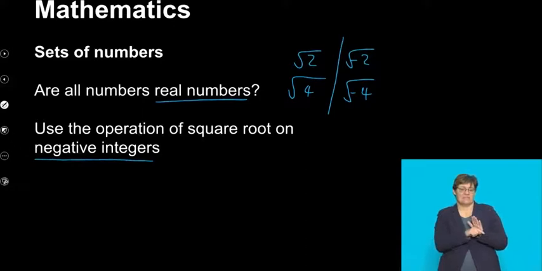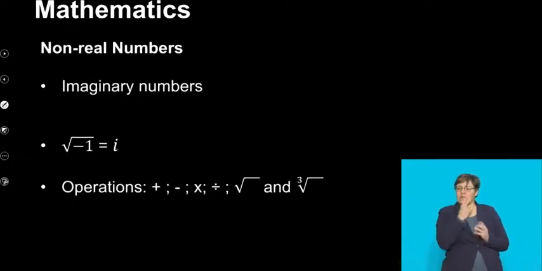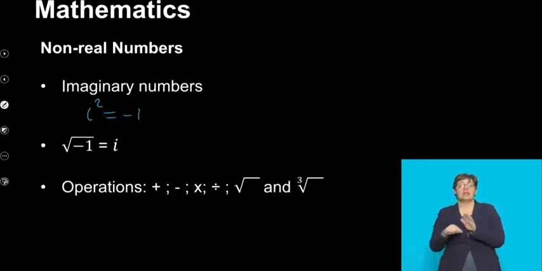So if we are to find a square root of a negative integer, what will that do for us? Will it give us a solution, or will it give us something that does not exist? But because in mathematics everything exists, it gives us what we call imaginary numbers, right? We know that the square root of -1 is equal to i, because according to imaginary numbers, i squared is given to be equal to -1, right?